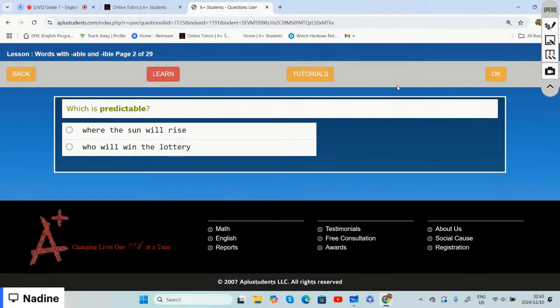Is something predictable that says where the sun will rise? That is predictable. Or who will win the lottery? Is that predictable? Which one is predictable? Something that can be predicted.